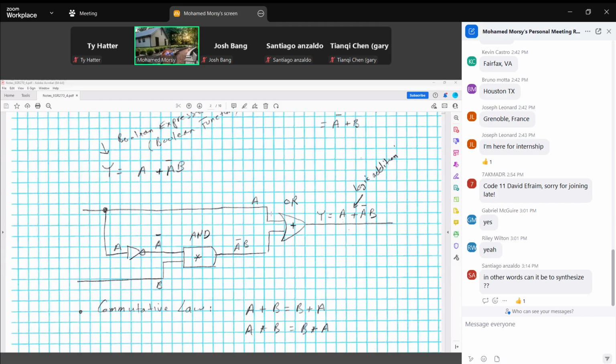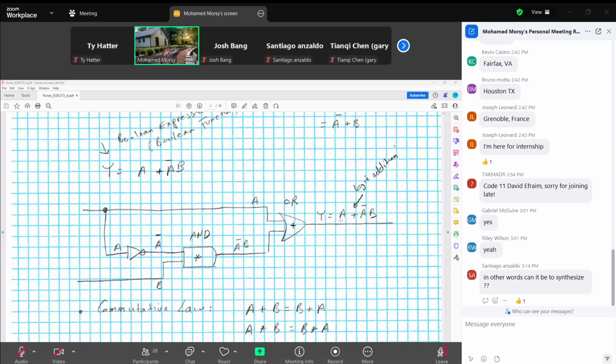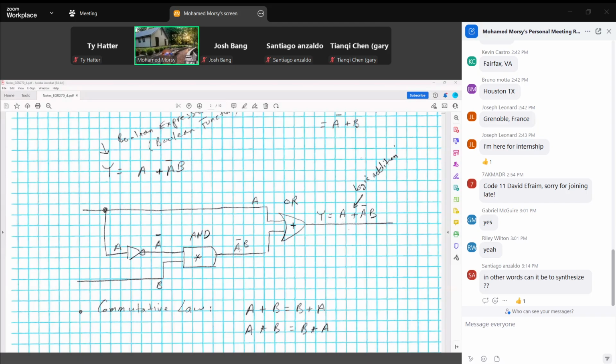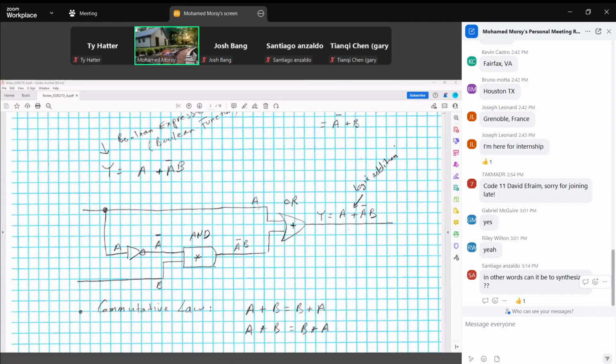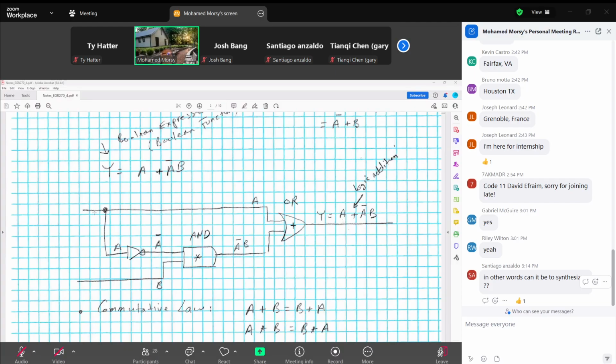Now this OR gate has two inputs because we have two terms here. One input is A and the other input is A inverted B. Perfect. A is just the input. This is the minimum input we can get, only one variable.